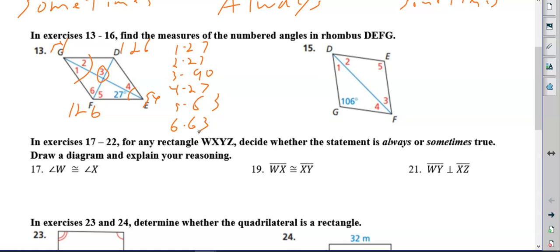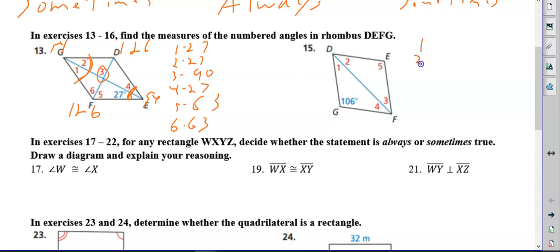So again, first off, we found 54 and 54, which is 108. That means there was 252 degrees left between the two opposite angles, D and F. Then we had to split them, and then split them again to get the two bisected angles.